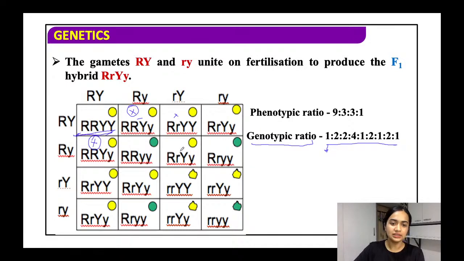In all the others, there is either 2 small y or 1 small r. That cannot be the case. So this 2 is about this. So you have to calculate how many are there, and it will boil down to 1 is to 2 is to 4 is to 1 is to 2 is to 1 is to 2 is to 1. This is complex, but it is easy once you slowly start arranging them accordingly.